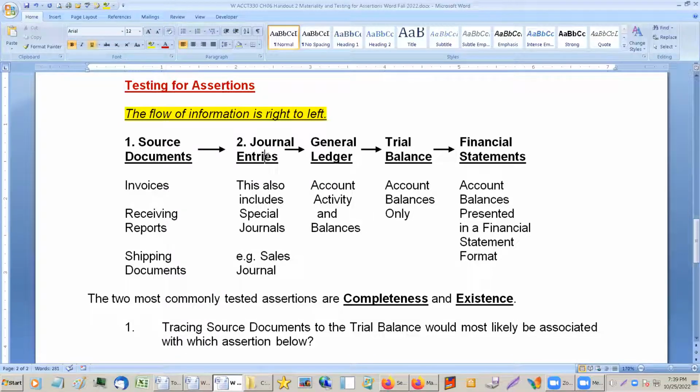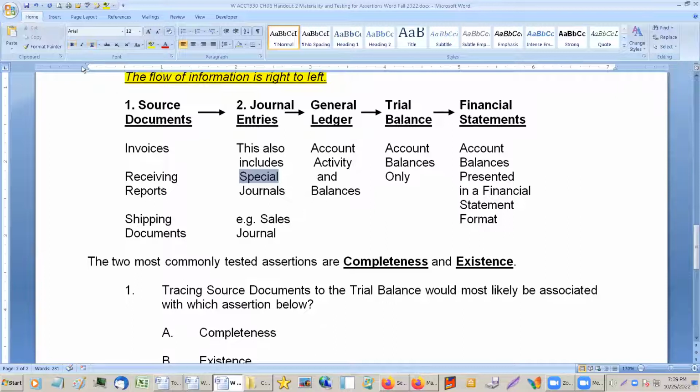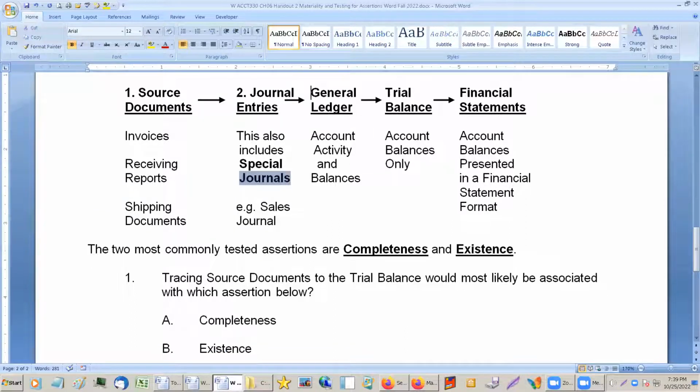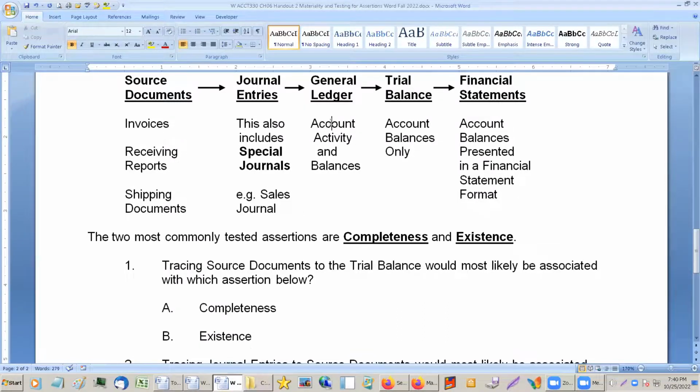Then we make journal entries for them. And this could include special journals, things like the sales journal. They go to the ledger. I think this is making it more confusing. Let me start taking back out my numbers. Teaching this for 30 years and it's confusing me. So, all right. Journal entries are just for individual transactions. You write them down. The general ledger takes all the transactions together, and it also has ending balances.